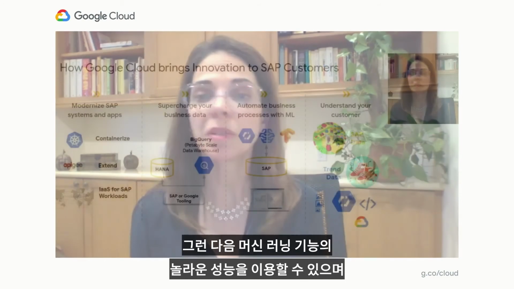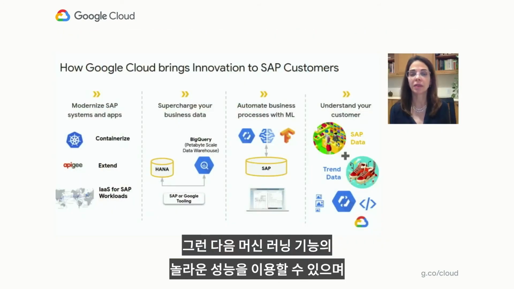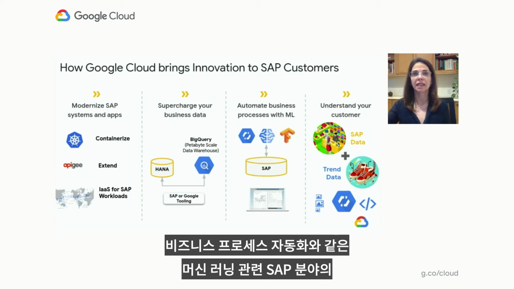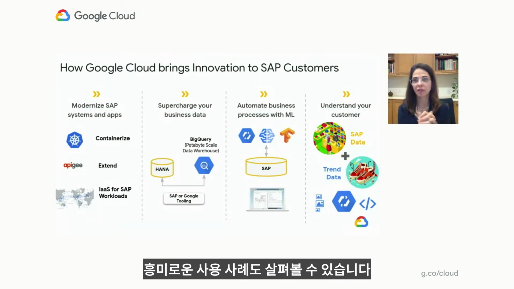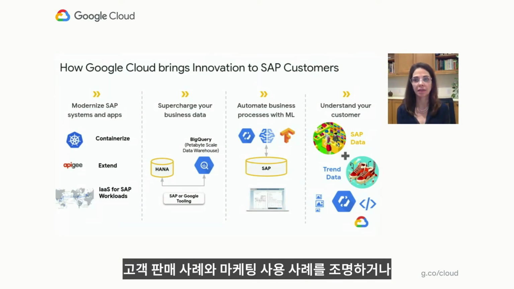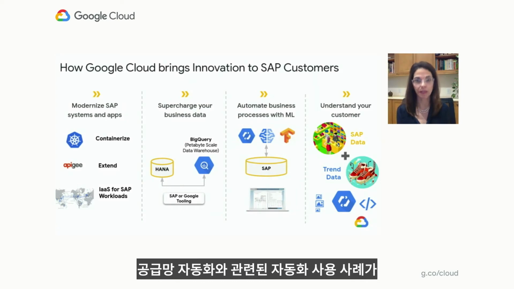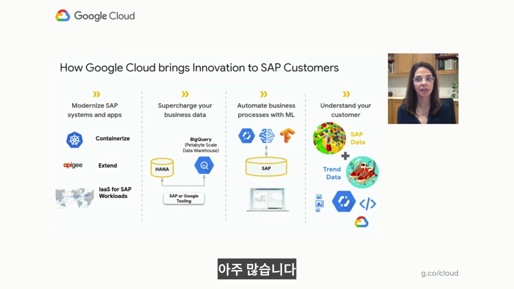Then there's also amazing power with machine learning capabilities, and so many really exciting use cases in the SAP space around machine learning, like automating business processes, so many to automate there, use cases around better understanding your customer sales and marketing use cases, or certainly supply chain automation as well.